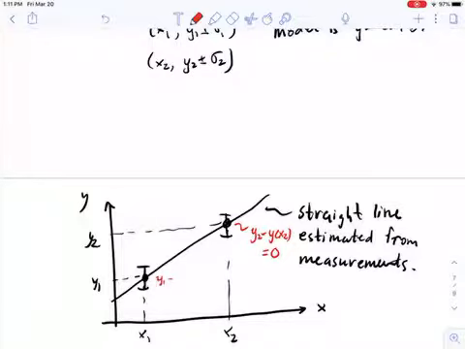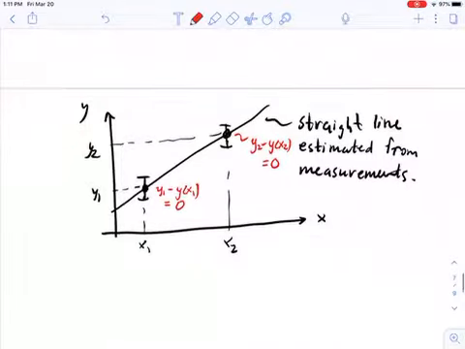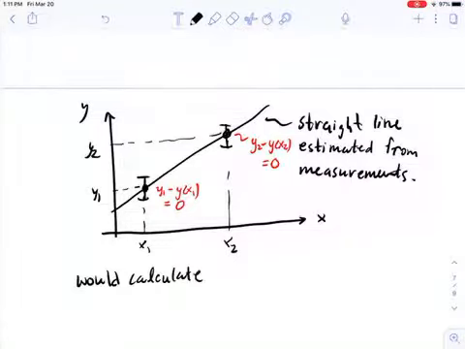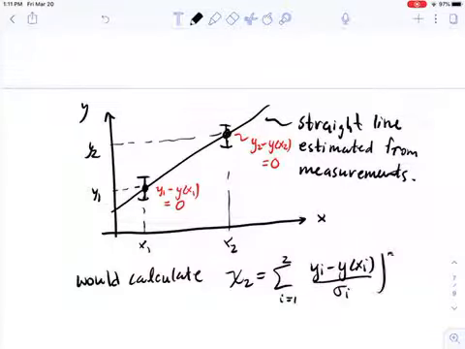And over here, y1 minus y of x1 is exactly 0. And you would calculate, and this is something you could confirm yourself, a chi-squared for these 2 measurements would be equal to 0.